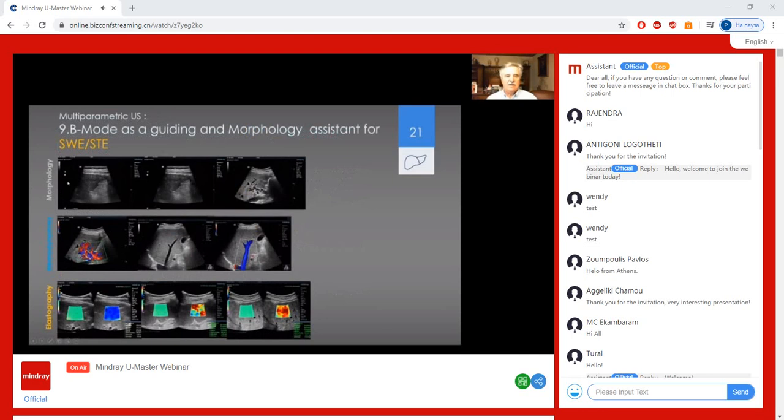Let's speak about the morphology of a cirrhotic liver with liver lobulations, and the B-mode alone is enough to show what is happening in the portal vein, because the portal vein is a factor influencing liver stiffness.